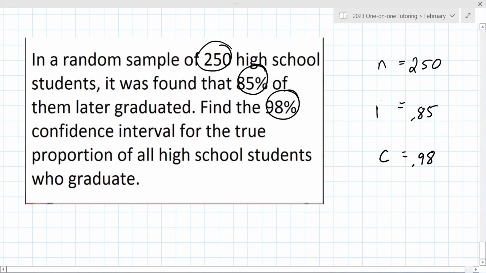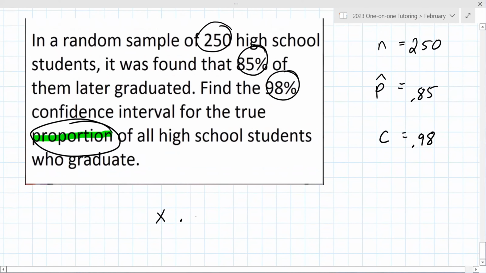All right, so this one you're going to go to your calculator, but if you recall, your calculator requires x to be n times p hat. You've got to check if 250 times 0.85 is a whole number first. So grab your calculator, multiply, and hope that it is. It is not.